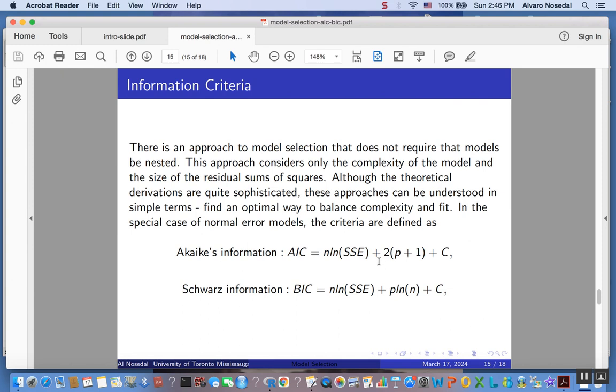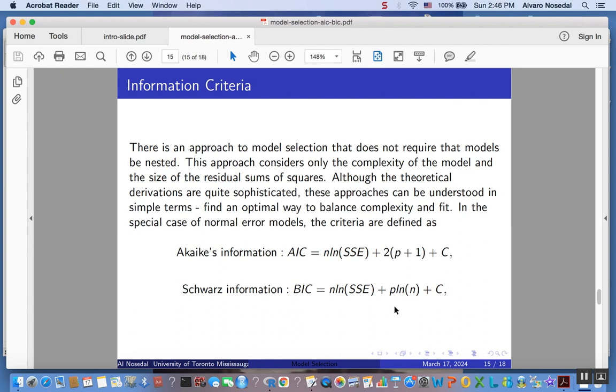Make sense? So as you can see, the basic idea is the same. The difference between these two criteria is the quantity that you use to penalize the number of parameters in your model.